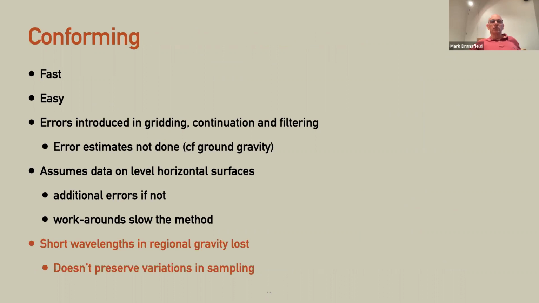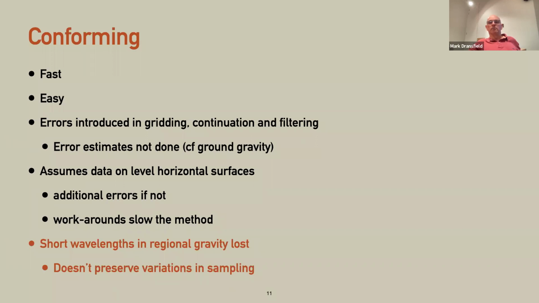It does introduce some errors. They're pretty small errors, but nevertheless, it does introduce some errors. Every time you grid any data set, there's some error introduced because you're interpolating. Every time you continue a data set, you're introducing some error.